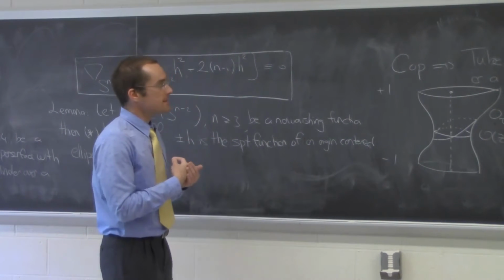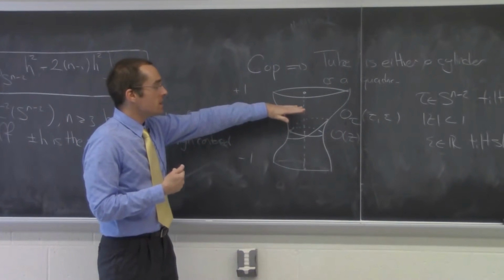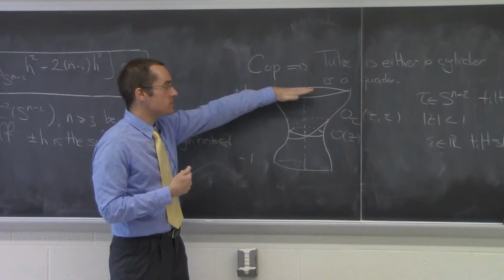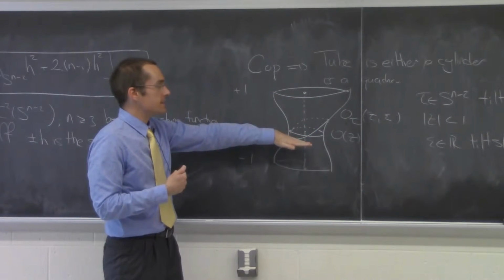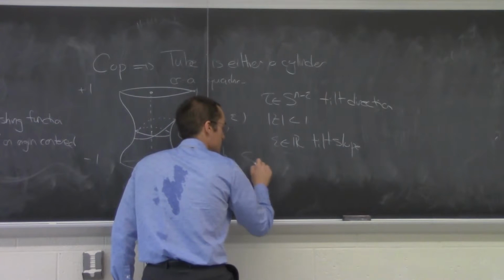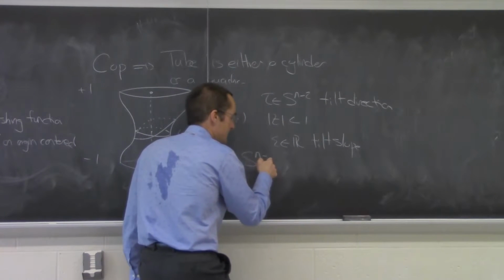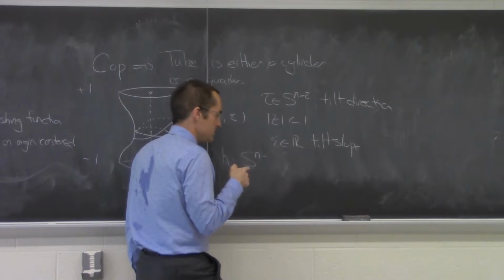One more definition. So this is a transverse to convex tube, meaning that each horizontal cross section is an ovaloid. Therefore, I can define this function, which Solomon and I call a transverse support function.